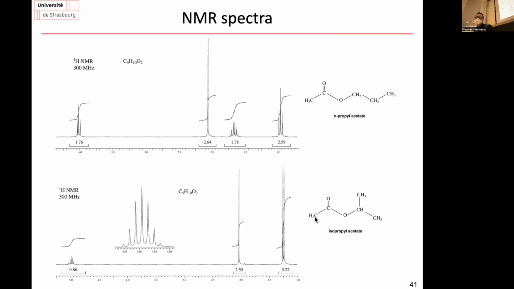And it has no neighbors, so it gives you a singlet. And then this one, which is right on the oxygen, which is quite electronegative, will be the most downfield shifted. Integral is 1, and it's a septet because of 6 neighbors. Yes, exactly. There are more effects that I'm not covering in this course, but more or less, yes.